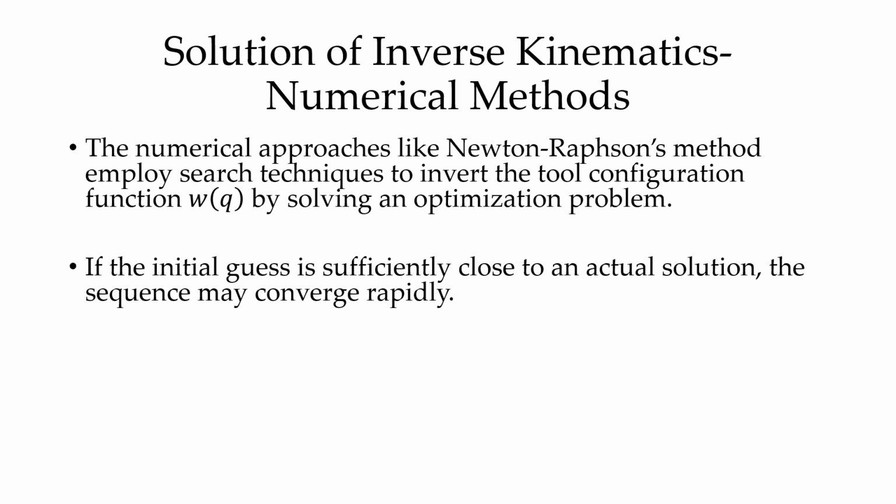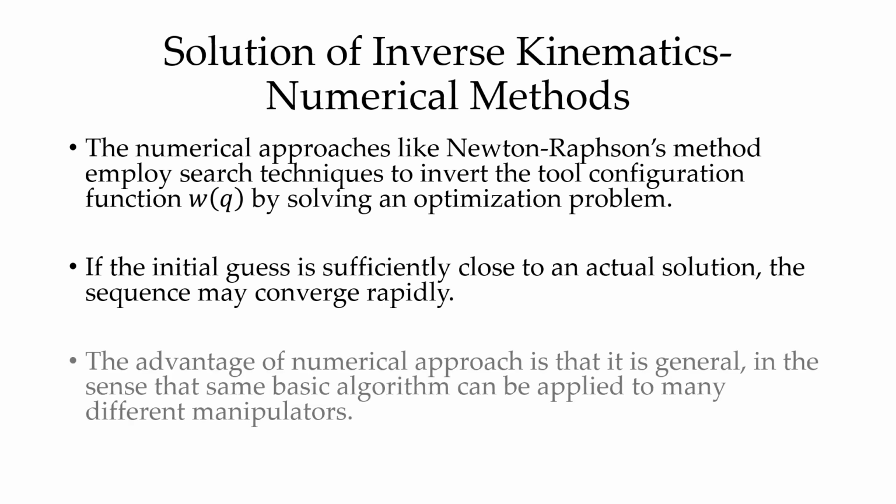So for example, there are 3 degrees of freedom and there are 3 joint variables, theta 1, theta 2 and theta 3, and we are guessing theta 1 something, theta 2 something, theta 3 something. If the initial guess is close to the actual solution, the iteration may converge rapidly, but if it is not, it may take a lot of time also.